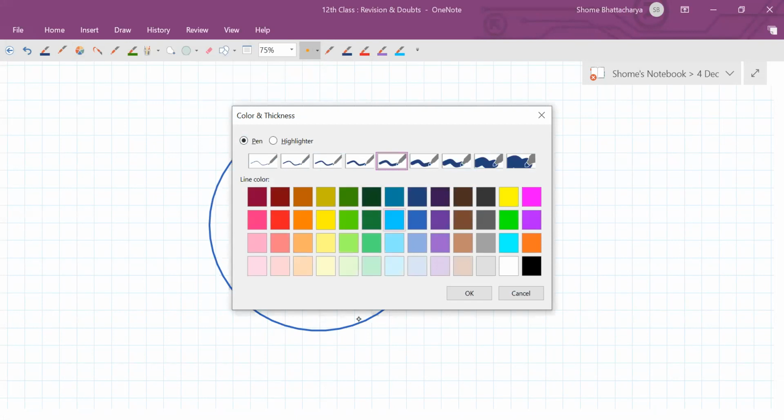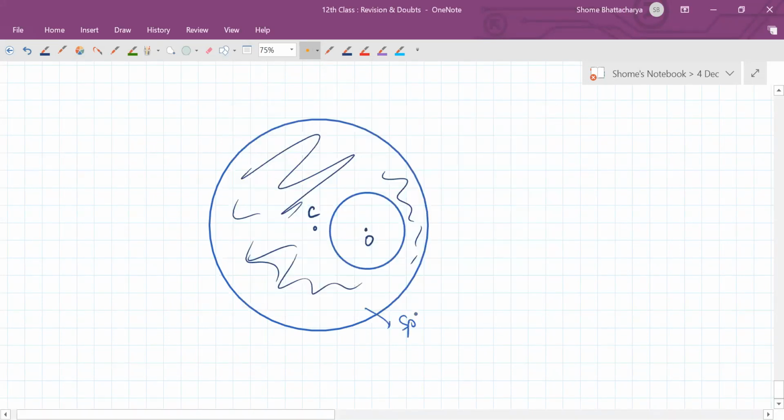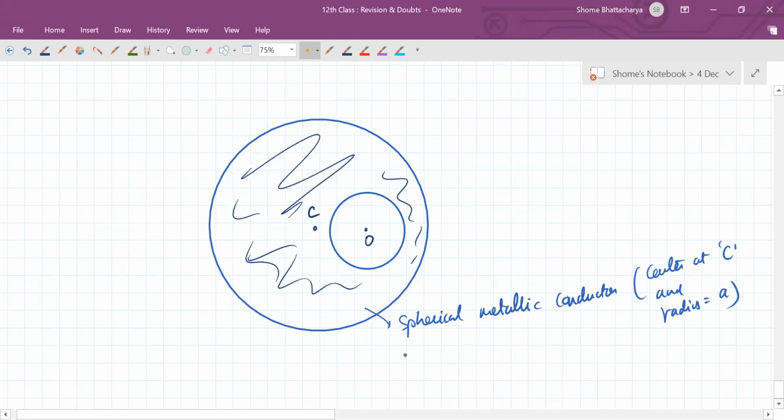So this one is a spherical metallic conductor with center at O or center at C and radius equal to A. Now it has a spherical cavity.